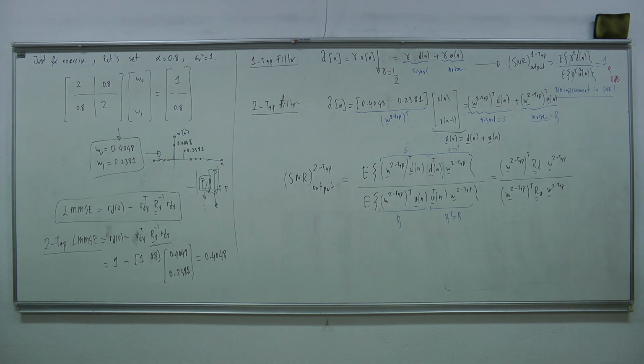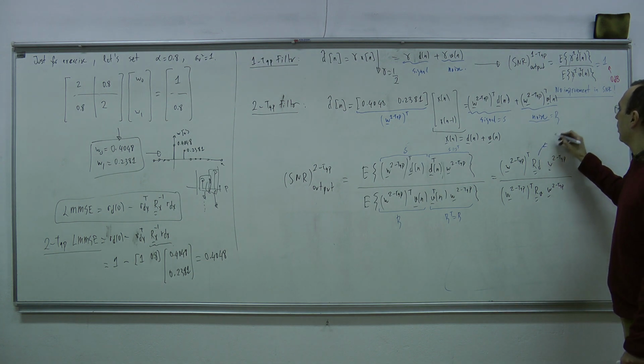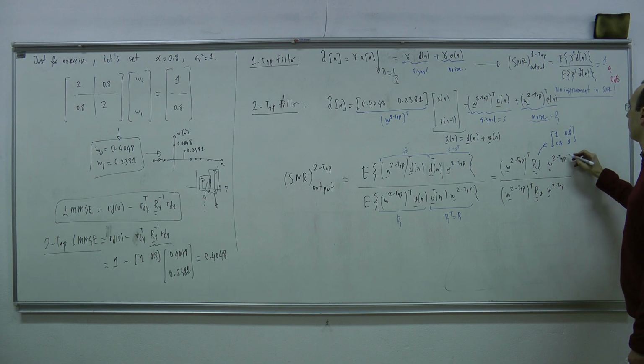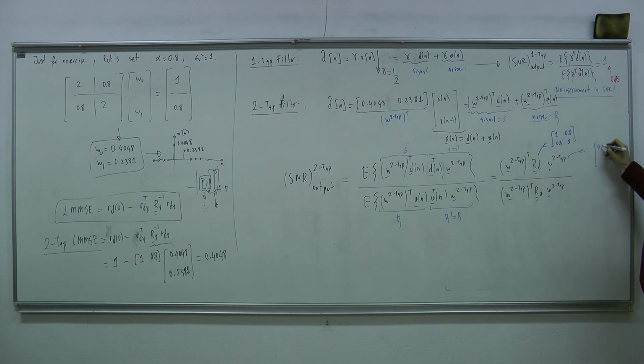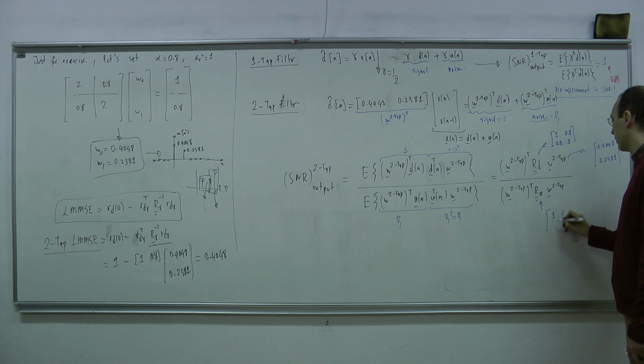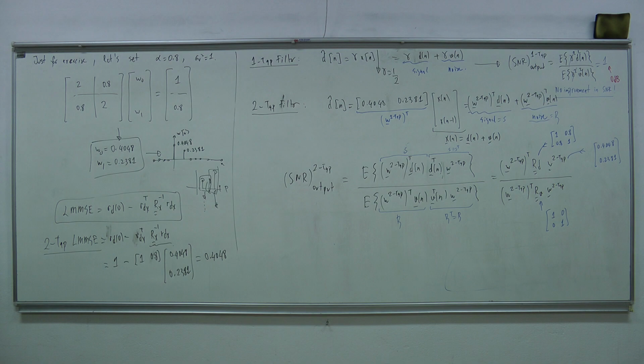Okay, that is it. So are we done? I think we are done, because I know this matrix. This is 1, 0.8, 0.8 and 1. This is equal to, in our case, 1. Okay, so I can calculate this ratio.